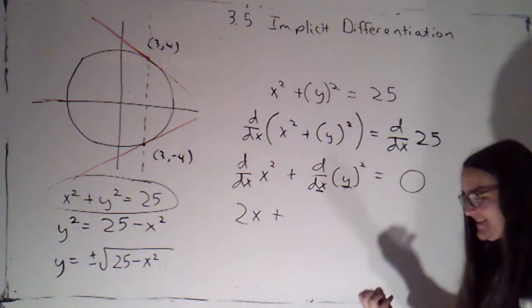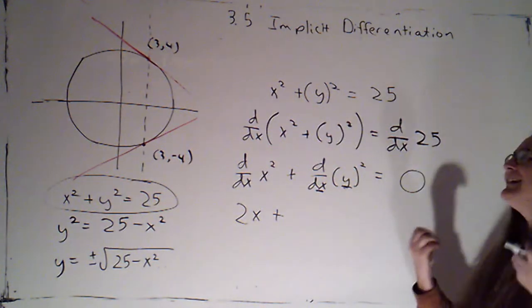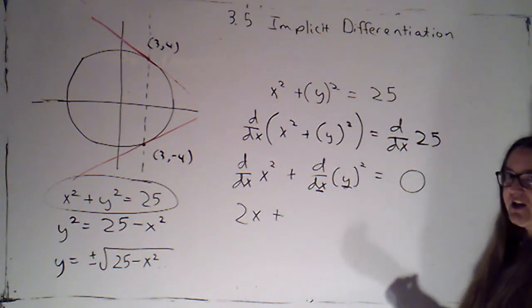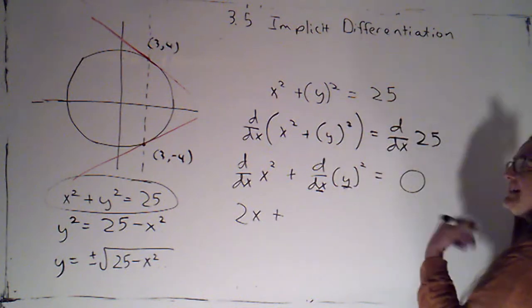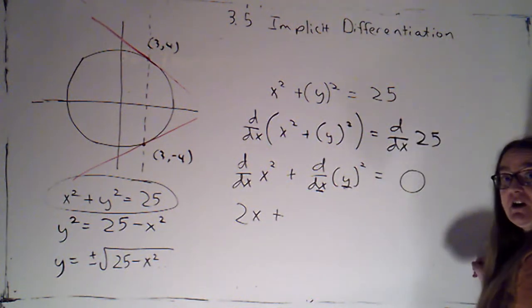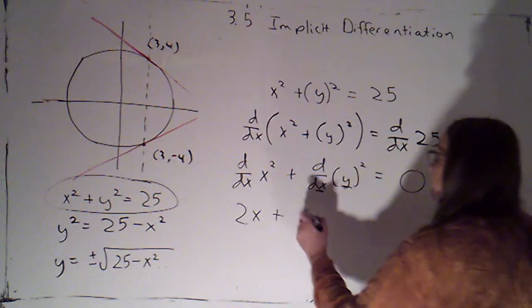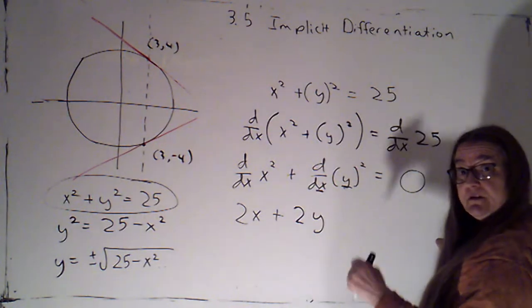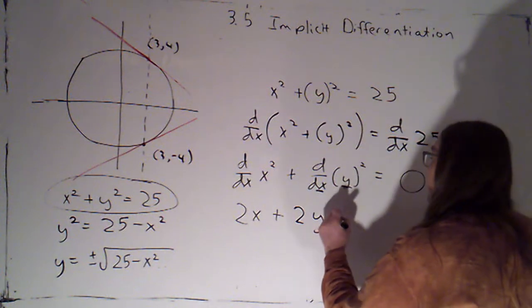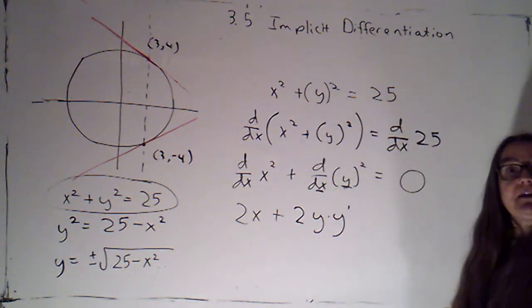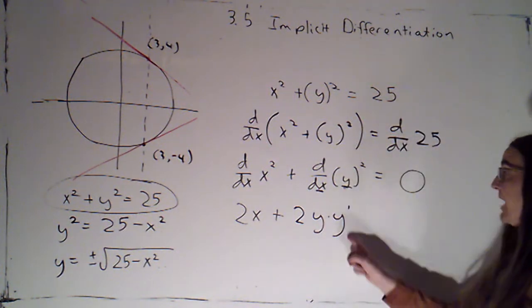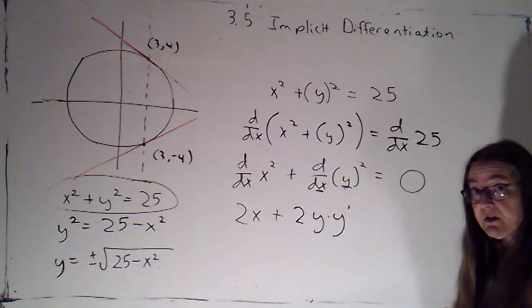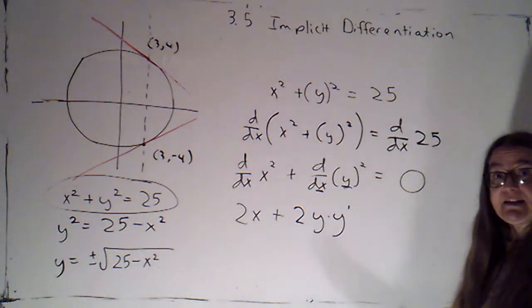That again is my sign that this is going to be chain rule. Y is the inside part in a function composition. So I take the derivative of the squaring function, that's going to be 2 times my input, so 2 times y, and I multiply by the derivative of the inside part. I'm just going to call that y prime. You could call it dy by dx.